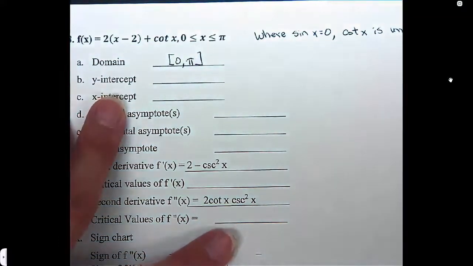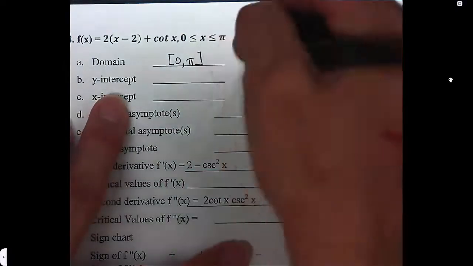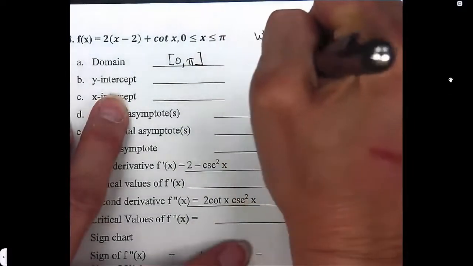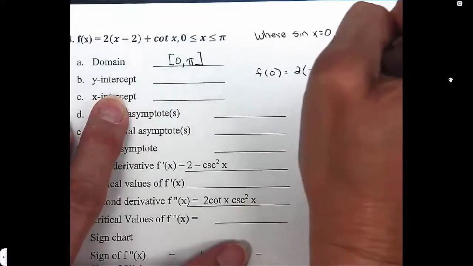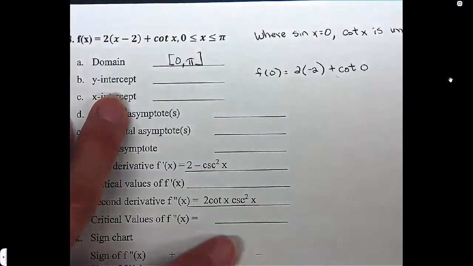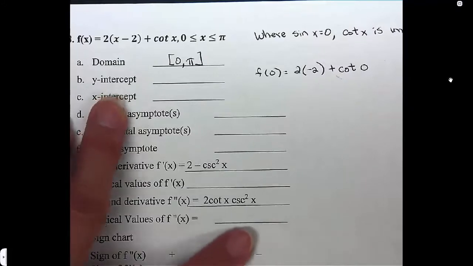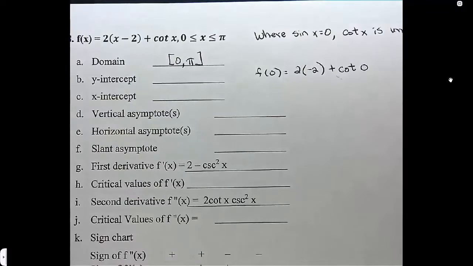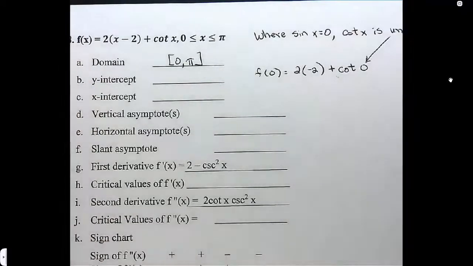What about y-intercept? What's f of 0? There's not a y-intercept because 0 makes cotangent undefined.